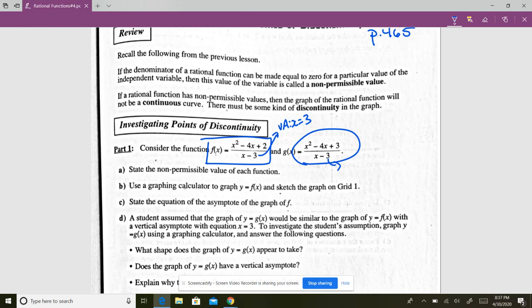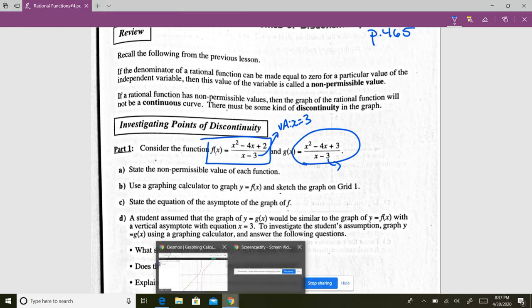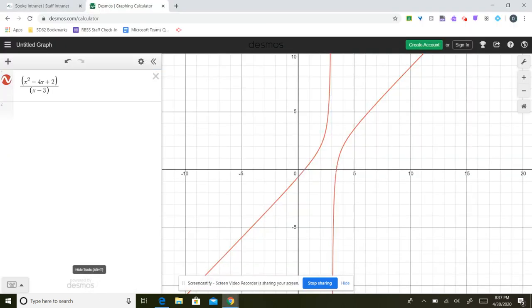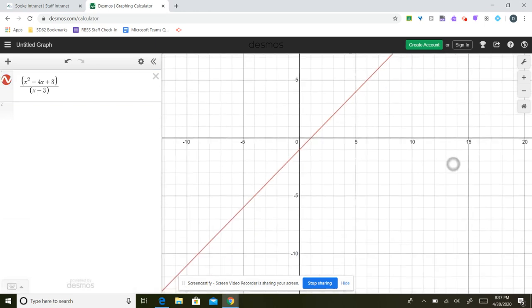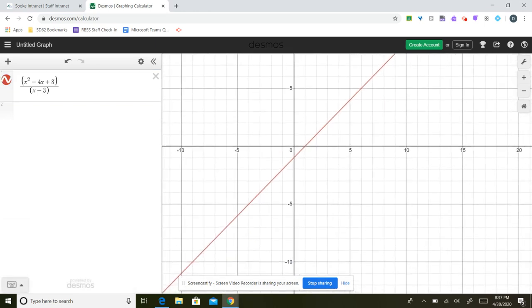So you want to say it has a vertical asymptote. But if you graph that function, I'm going to take this 2, change that to a 3, and then you look at the graph, it's a straight line.